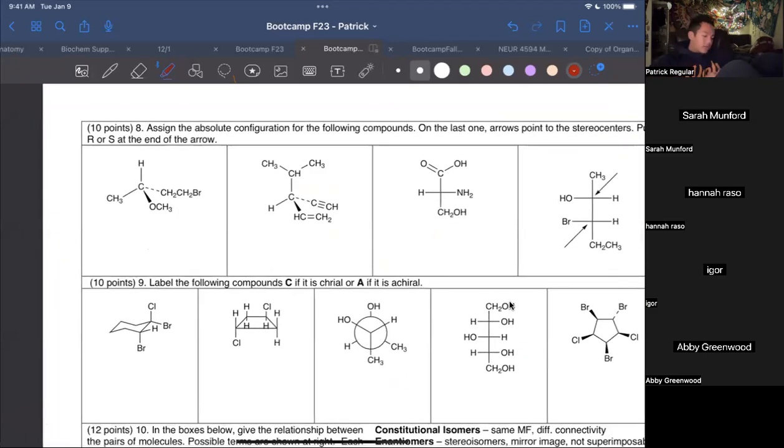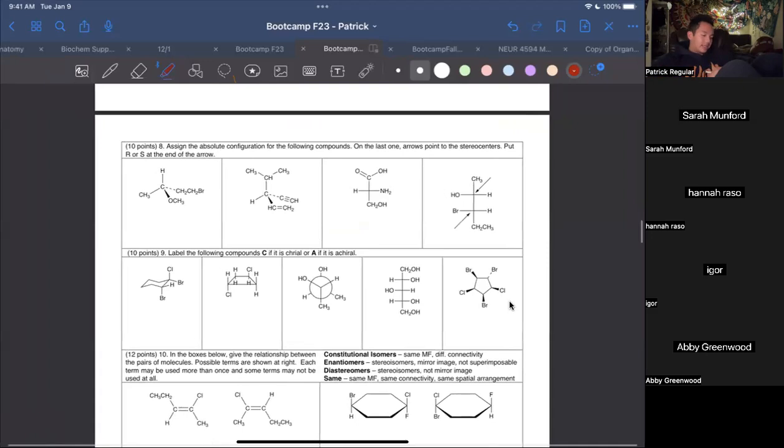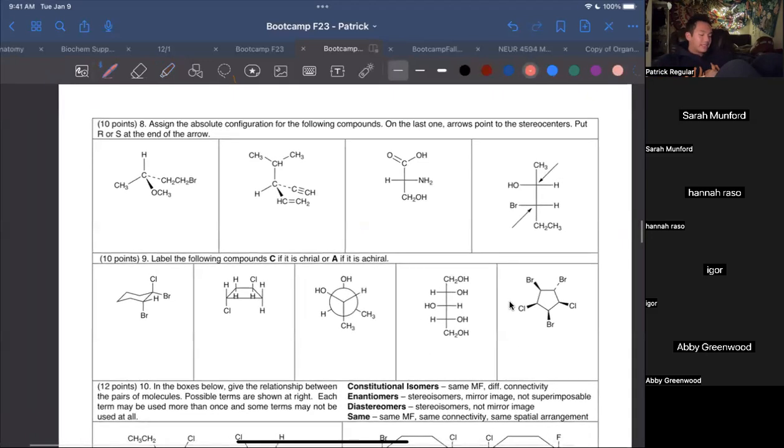So if we were to look at the R or the S, you have to denote the priority groups. For the top leftmost, we have our chiral carbon. Oxygen would obviously get 1. Hydrogen would get 4. Pretty much always the case. Hydrogen will always be the 4th one because nothing's smaller than hydrogen. We're keeping it atomically.